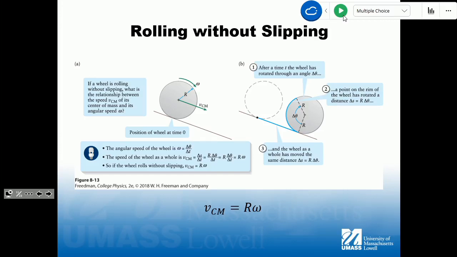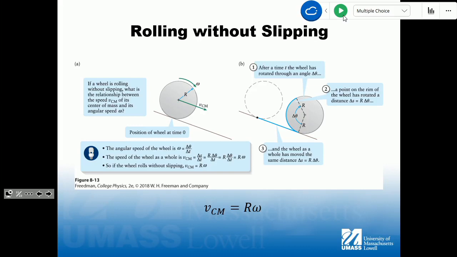And as we discussed last week, as long as we measure theta in radians, and omega in radians per second, then the length of arc can be related to the radius and the angle as r delta theta, which gives you v equals r omega. So v equals r omega is still true for an object that is rolling without slipping.